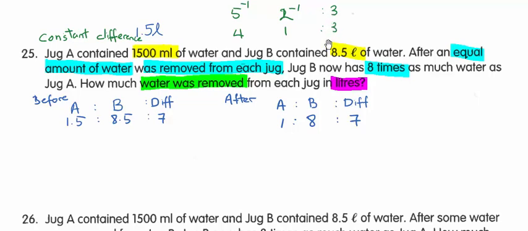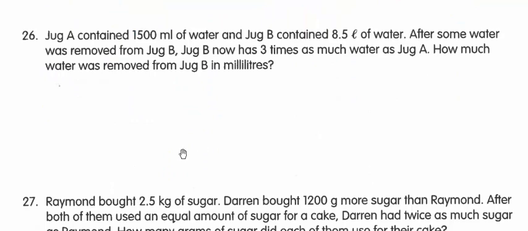Looking at my example here, if A has 1.5 before, 1 after, how much was removed? 1.5 minus 1, and that will give me 0.5 liters. And that's it. It's quite easy. Now, if you use B to find, it will get the same answer. 8.5 minus 8 is also 0.5. Cool, right?